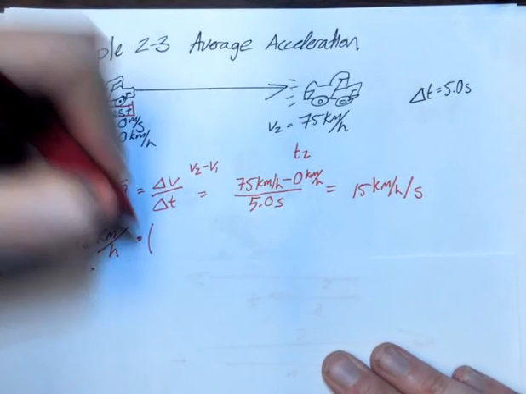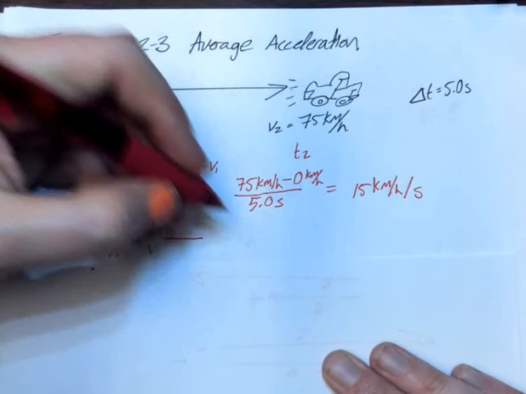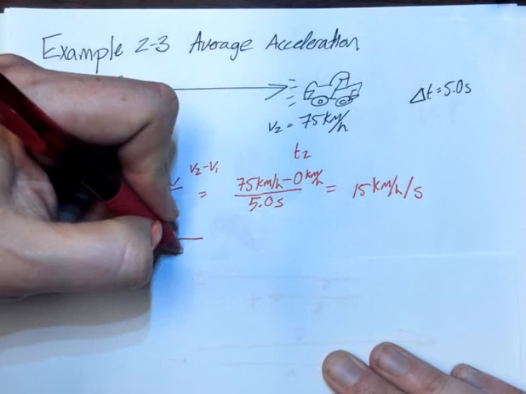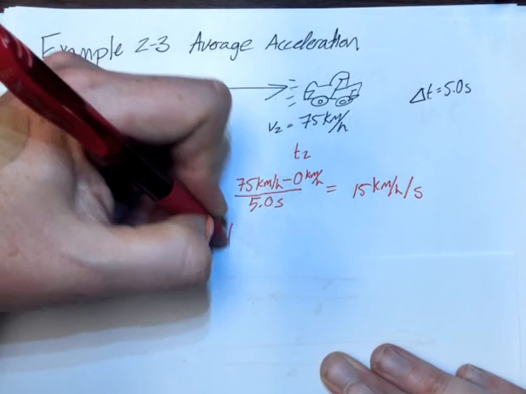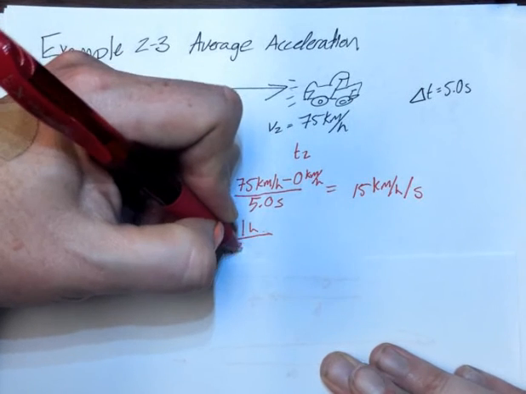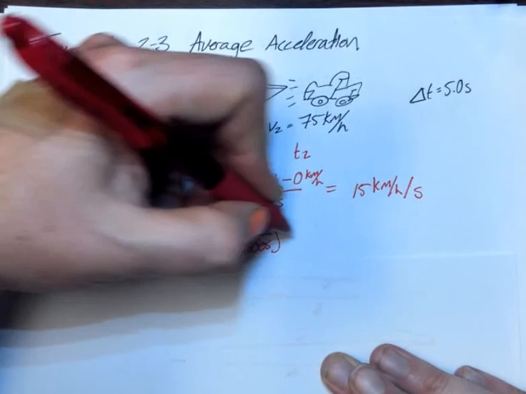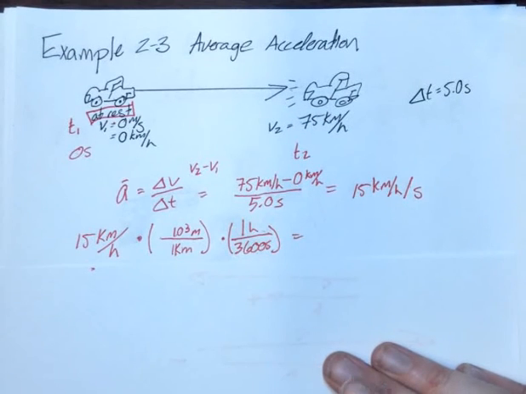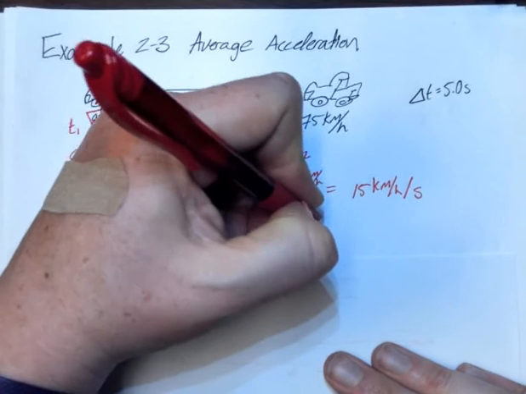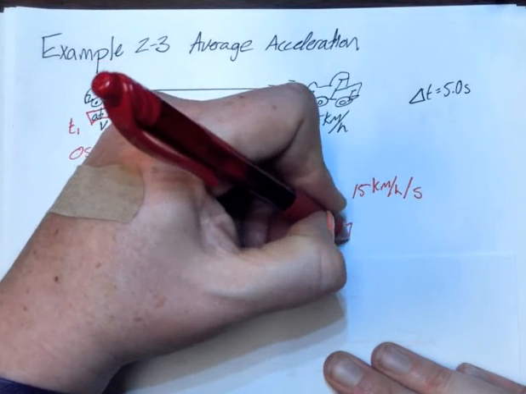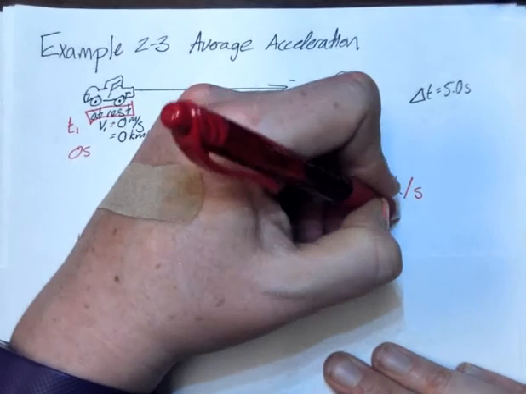I'm going to do that by changing kilometer into meter and hour into seconds. And then that gives me 4.167 meters per second every second.